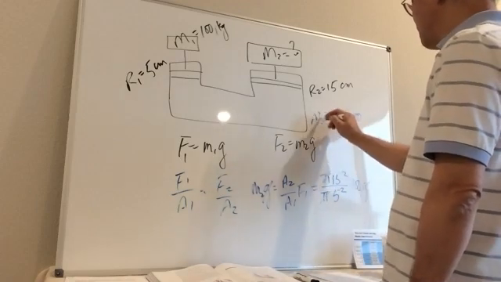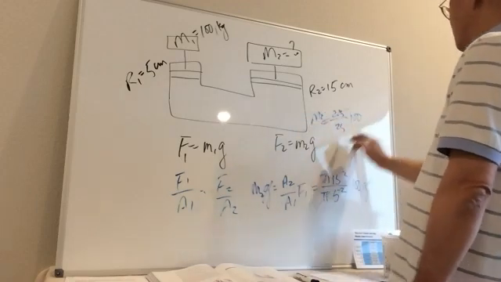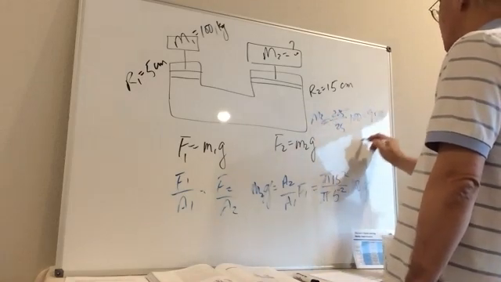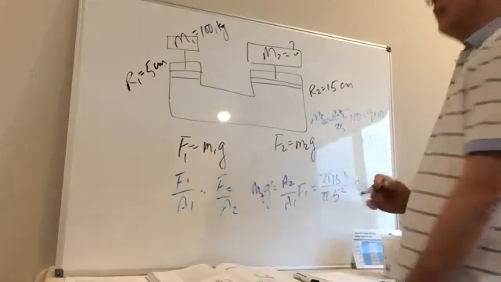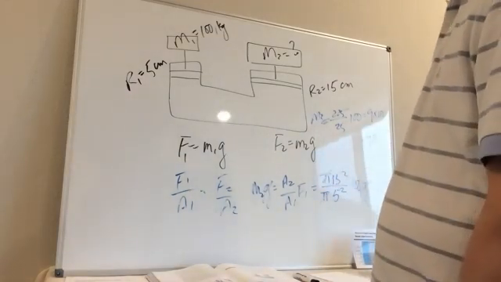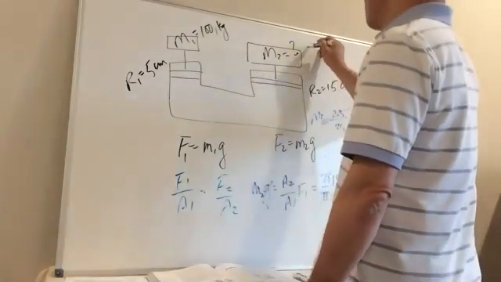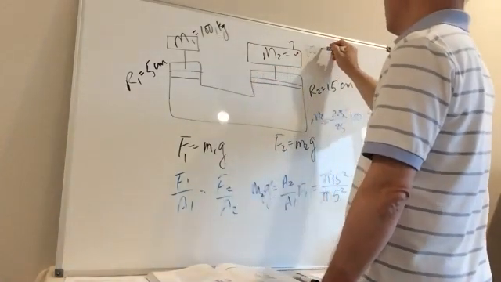This is M2, and this is all we have left. So this is 9 times 100, which is 900. So if I have 100 kilograms here, the most that I can lift is 900 kilograms.